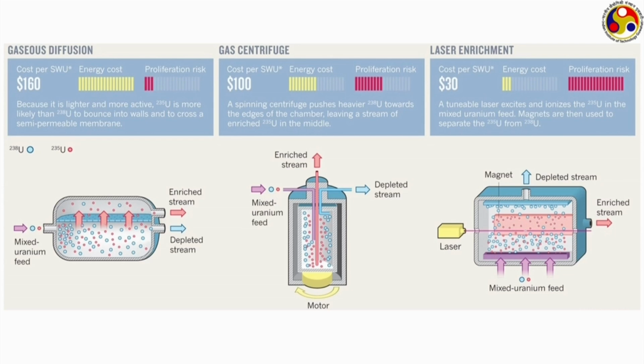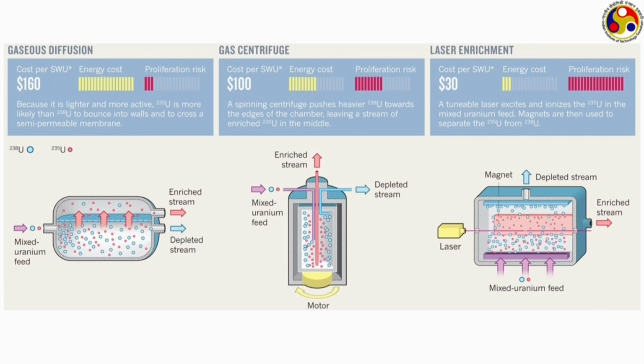In the case of the gas centrifuge, we use centrifugal action. As the centrifugal force acts on the UF6 gas in a spinning centrifuge, the molecules containing uranium 238, being heavier, move closer to the walls, whereas molecules containing uranium 235 are more likely to stay close to the center of the centrifuge.